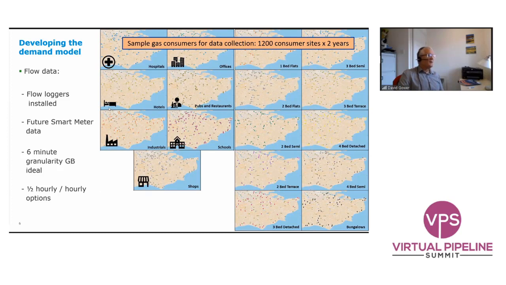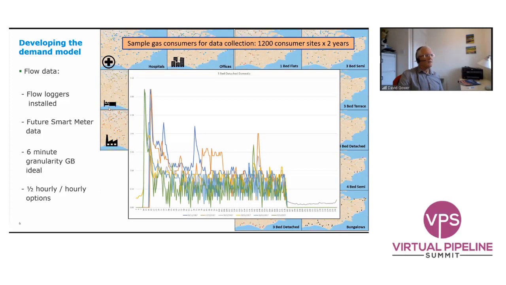For the project, we collected data on a 6-minute granularity, which is ideal for the UK, for Great Britain. I'll show you an example of what that actually looks like. Of course, a lot of the UK systems, especially the lower pressure systems, are indeed very low pressures.